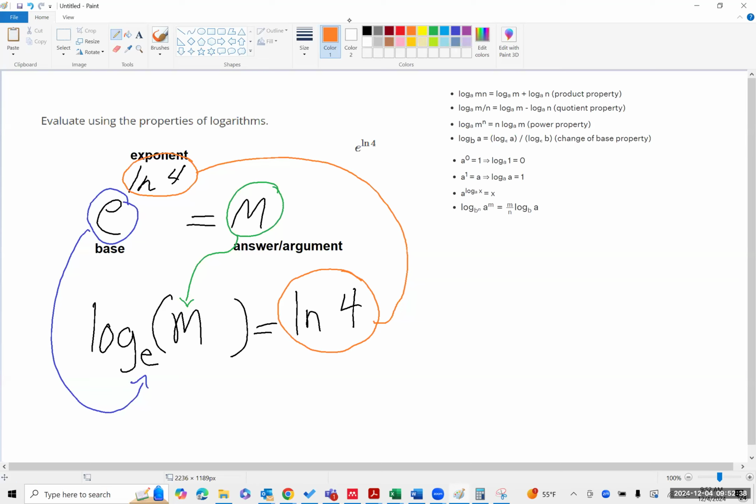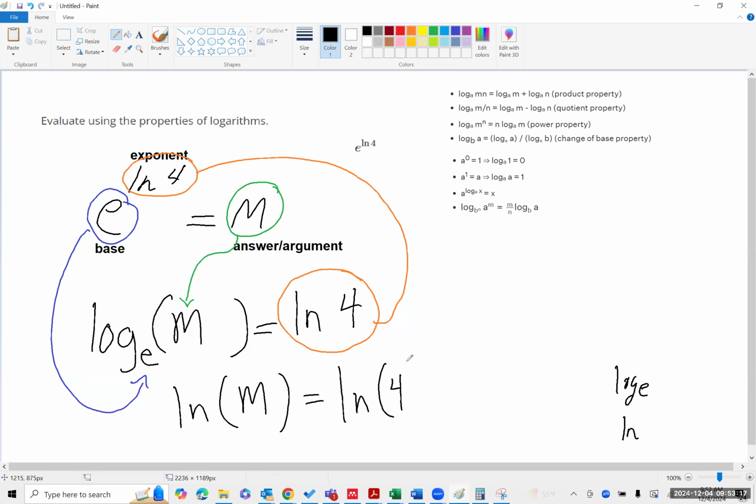And then I want to make a substitution here because we had said before that log base E is the same as that symbol, ln, which stands for the natural log. So I'm going to replace the log base E with ln of m equals natural log of 4.